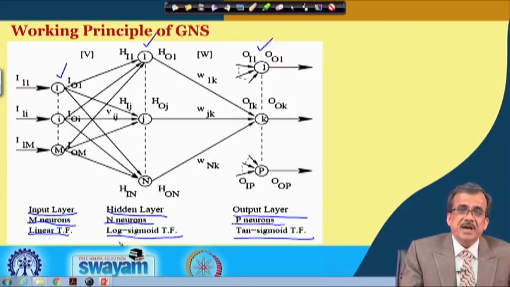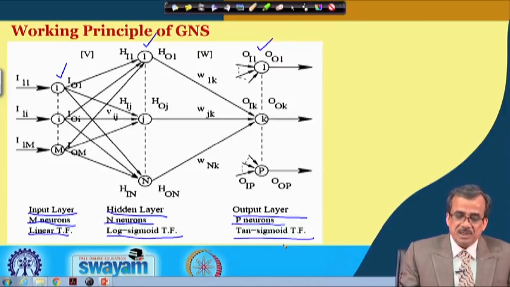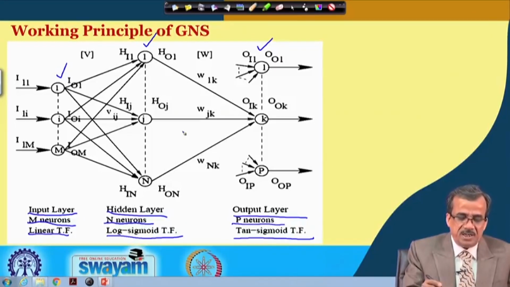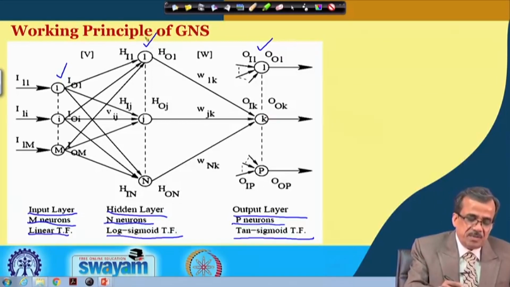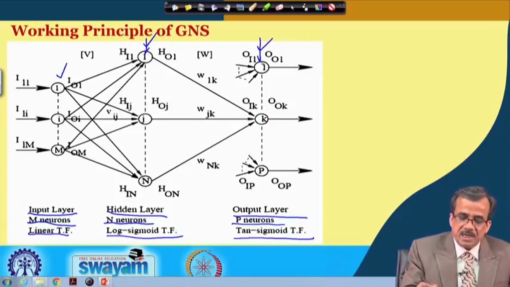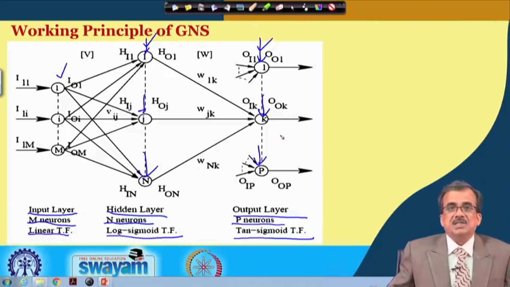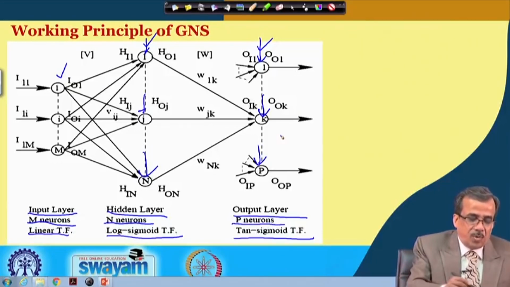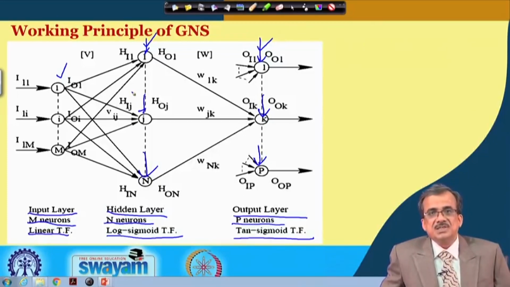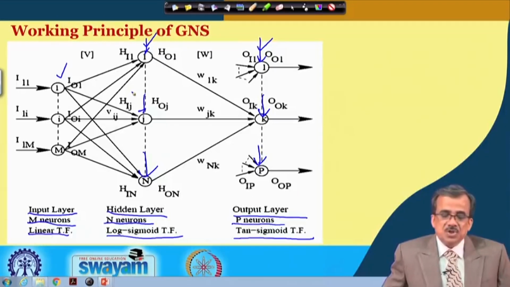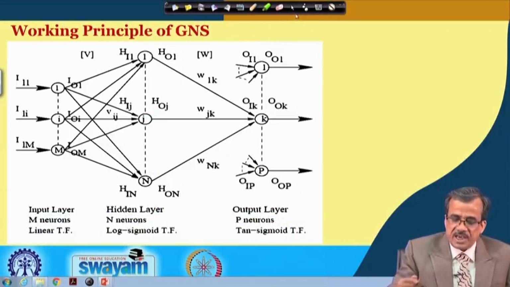We will have to optimize the coefficient of the log sigmoid transfer function and the coefficient of the tan sigmoid transfer function. For simplicity, I did not consider any bias value here. If I consider bias values, those will also have to be optimized. The working principle of this multi-layered feed forward network I have already discussed in detail, so I am not going for that once again.